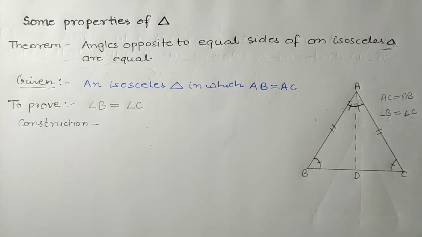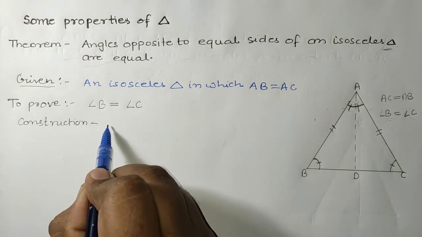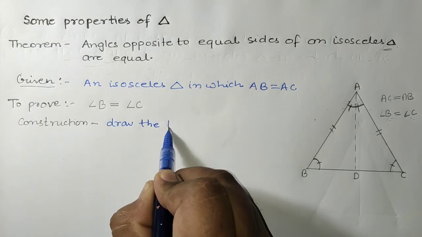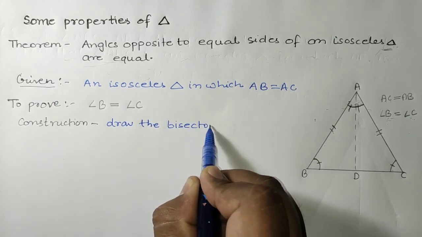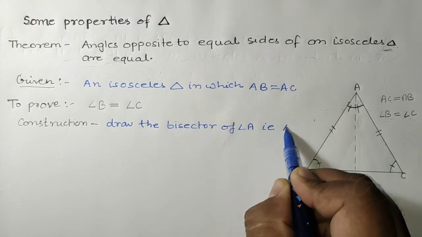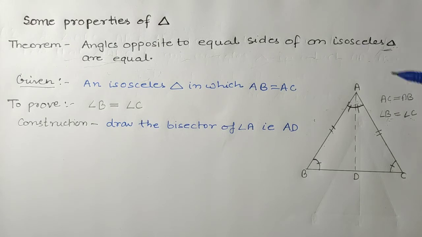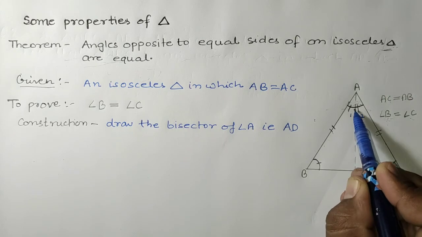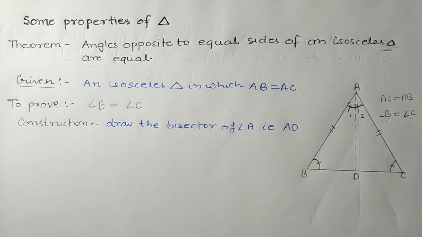So here we'll write: draw the bisector of angle A, that is AD. The work of this angle bisector is to divide angle A into two equal parts. Suppose this is angle 1 and this is angle 2.